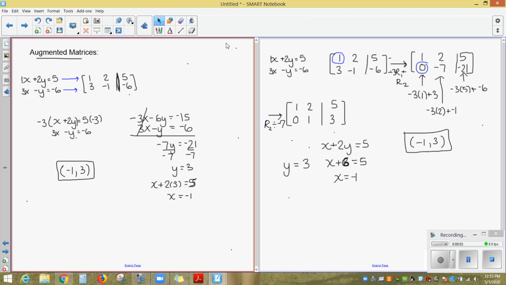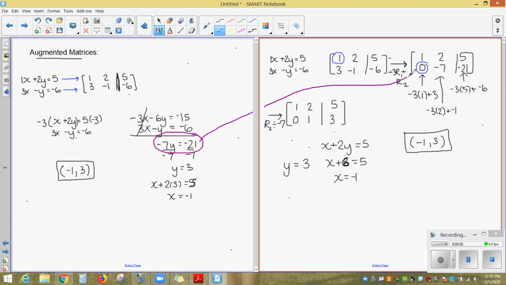If we look at what we did here, and we compare on the left, we said we were going to eliminate the x's, so we multiplied that entire equation by negative 3 and got this equation. Then we added it to that equation and got negative 7y equals negative 21. Notice if I compare that, if I can draw across the boundary here, right here, negative 7y equals negative 21.